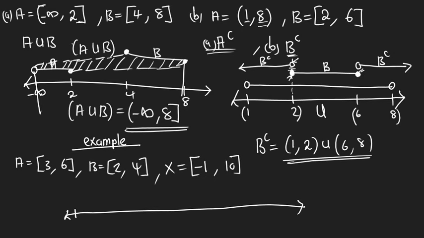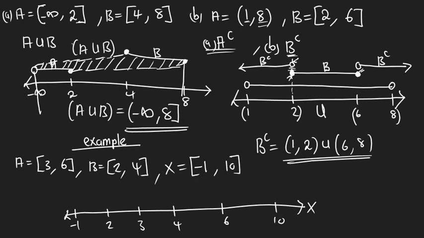Let's plot. You start from -1 to, you put the numbers in order, 3, 4, 6, then 10. Now this is the universal, right? This is x. Now let's plot A.